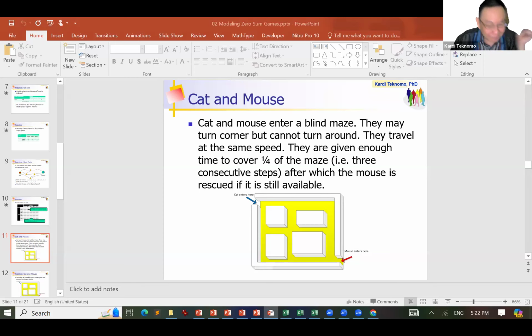So again, the same question. How many is the game matrix? What is the size of the game matrix?